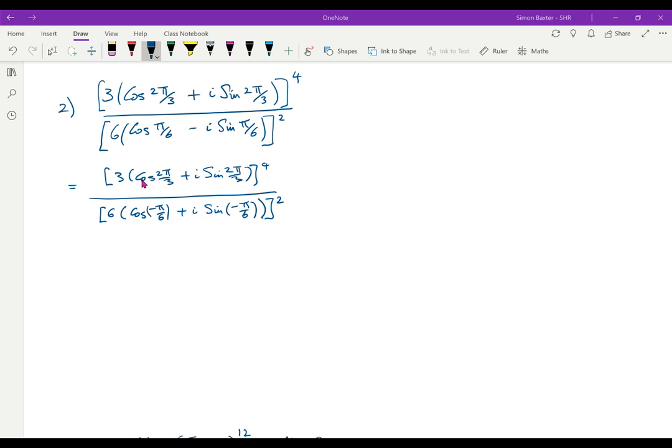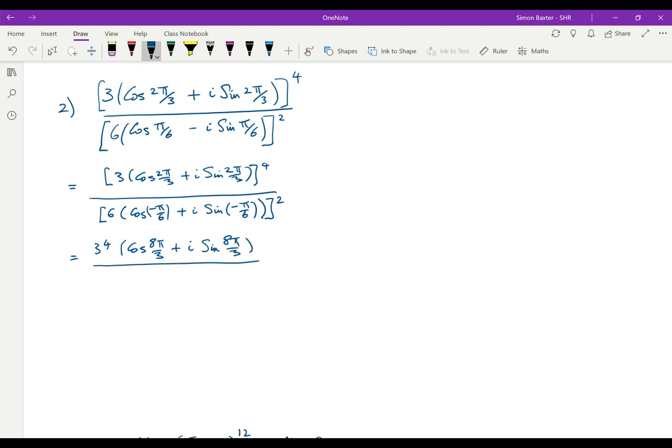Now, let's use de Moivre's theorem on the top and on the bottom. On the top, we get 3 to the power 4 cos 4 times 2 pi by 3 is 8 pi by 3.